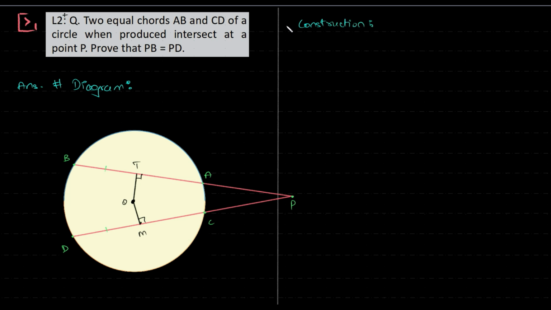That is, we are drawing OT perpendicular to AB and OM perpendicular to DC.